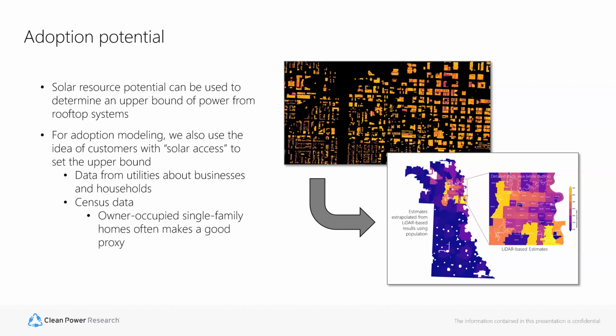They often have metadata about businesses and households in their territory that we can use. And we also use census data. So we have found that the owner-occupied single-family homes often gives us a pretty good proxy of homes, at least in the residential sector, that may be able to have this solar access.